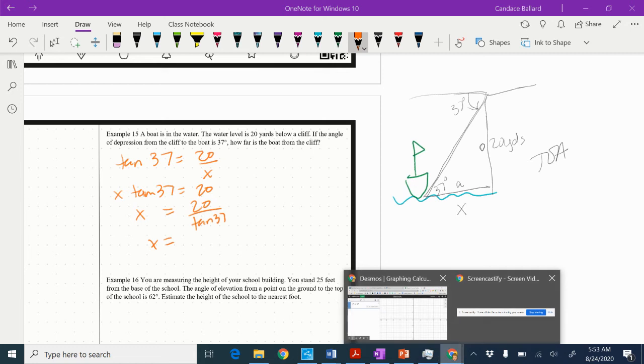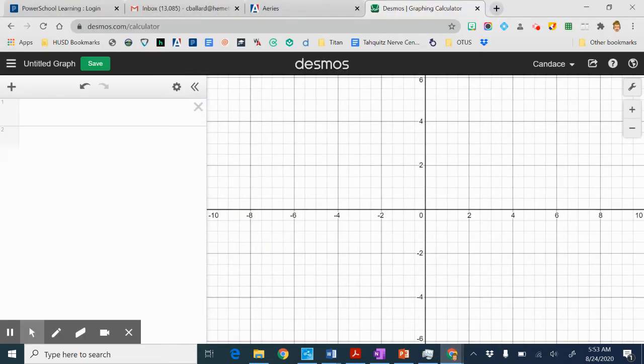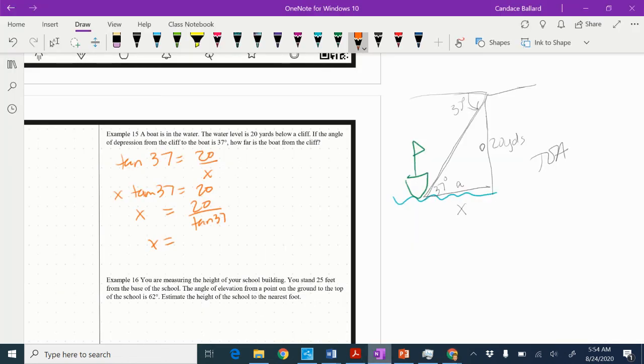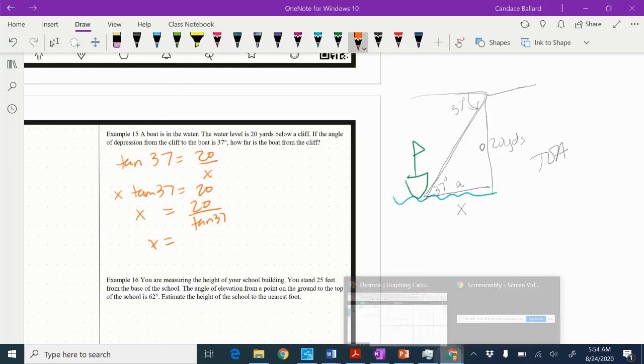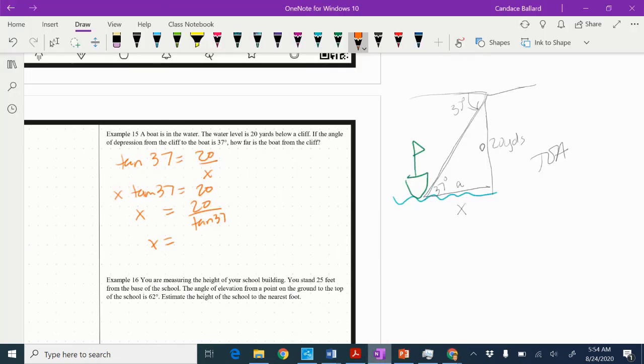We're going to go back to Desmos. 20 divided by tangent of 37 is 26.540, or 541 if you're rounding. And this would be measured in yards.